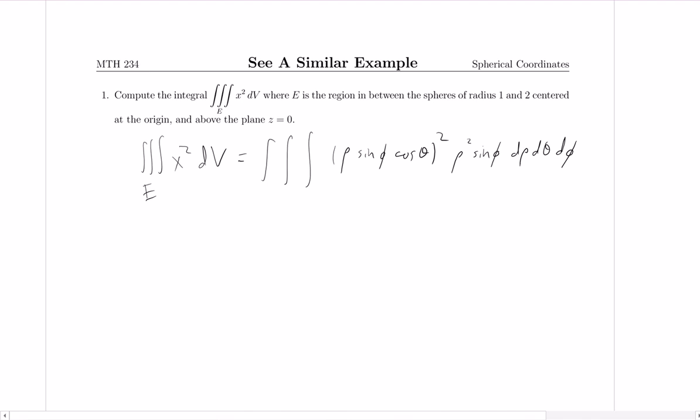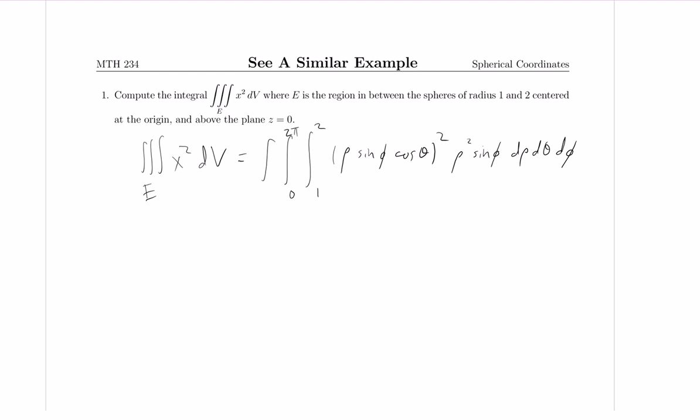Okay, now we just have to set up the bounds on the integral, so we have to describe this region E in spherical coordinates. So it's in between the spheres of radius 1 and 2, so rho goes from 1 to 2. It goes all the way around, so theta goes from 0 to 2 pi, but it's only the top half of the spheres.